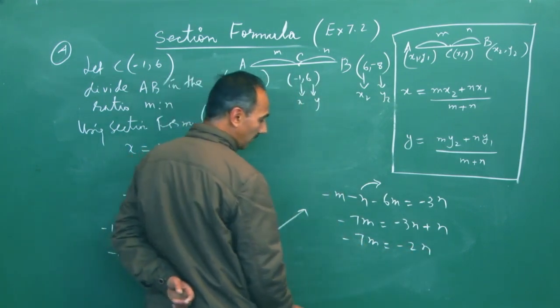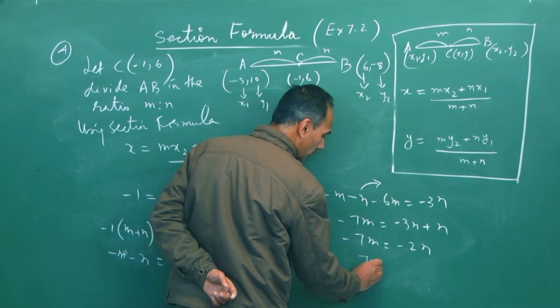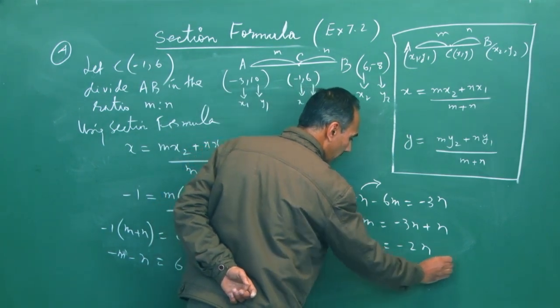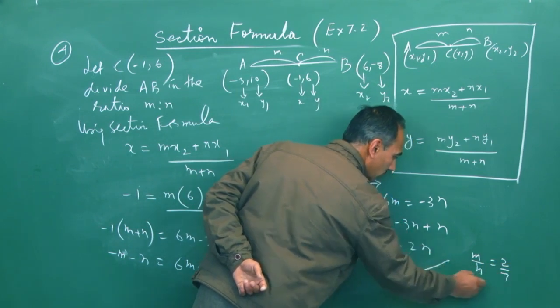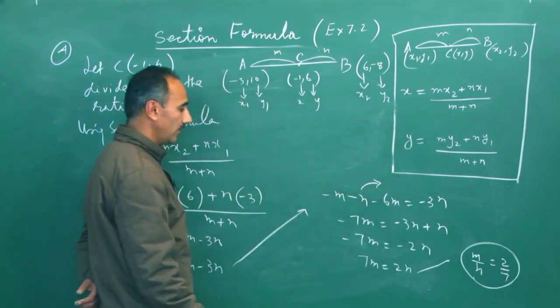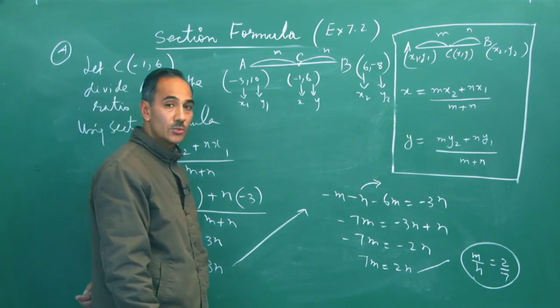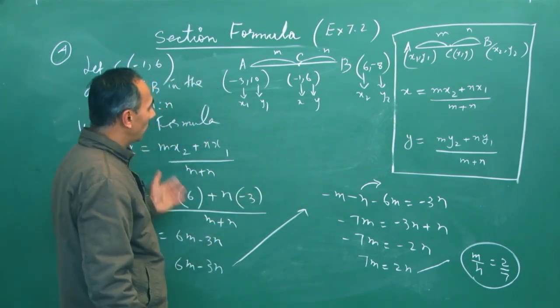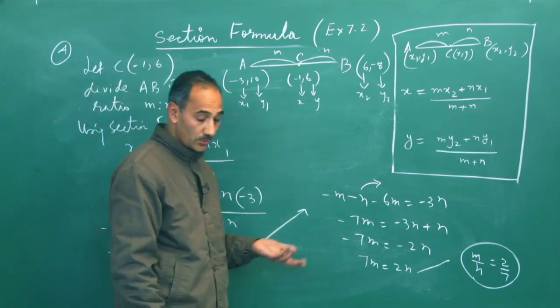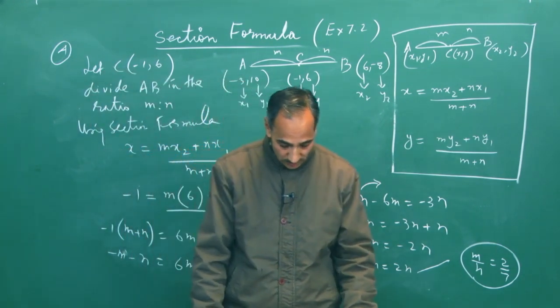Multiplying both sides by -1, 7m equal to 2n, or m by n is nothing but 2 upon 7. So that is the ratio. 2 is to 7. So using the same formula, we have found the ratio, provided the coordinates of the point of division were given.